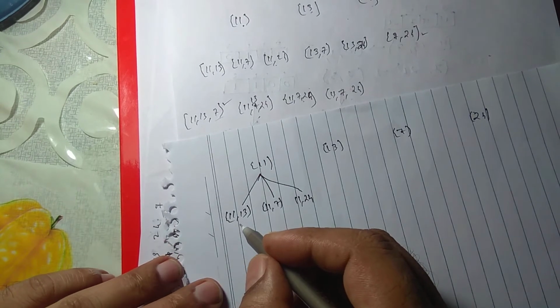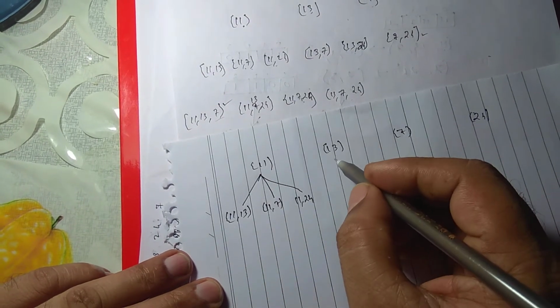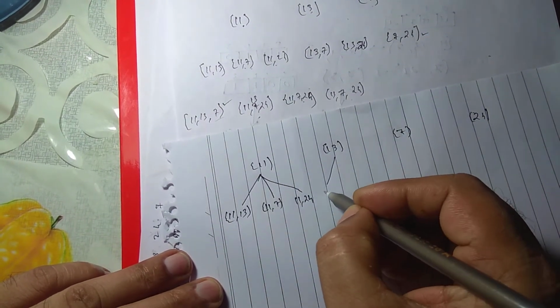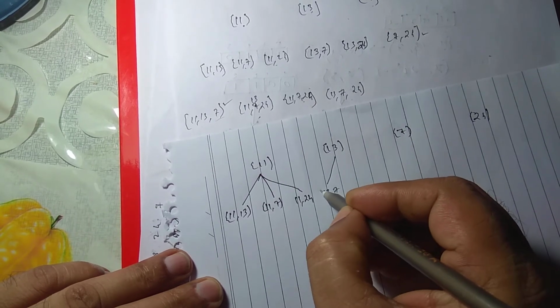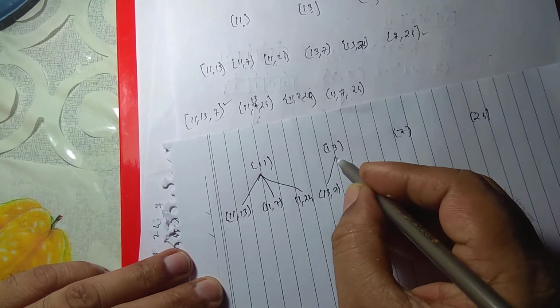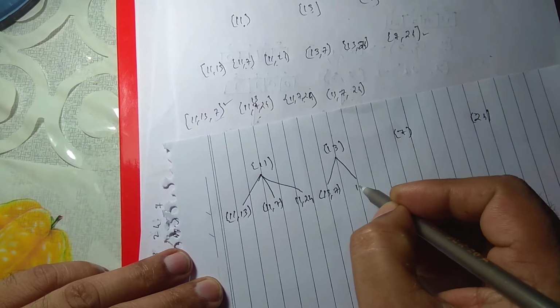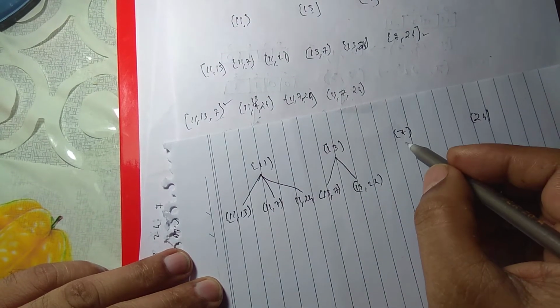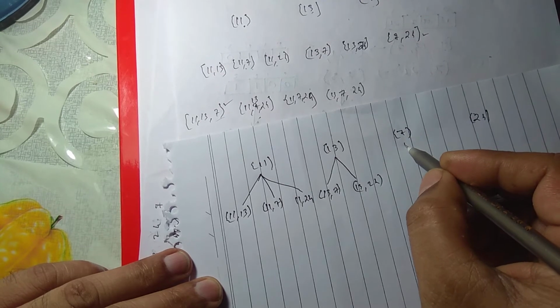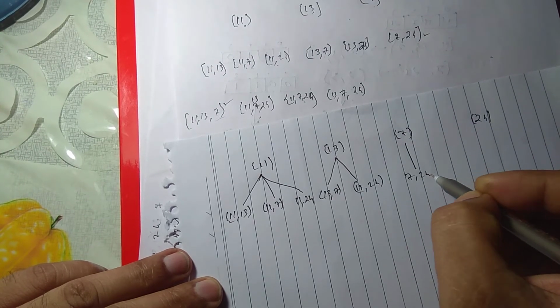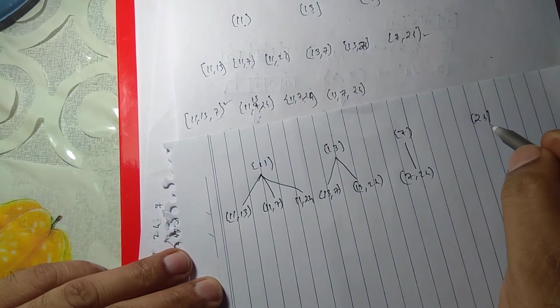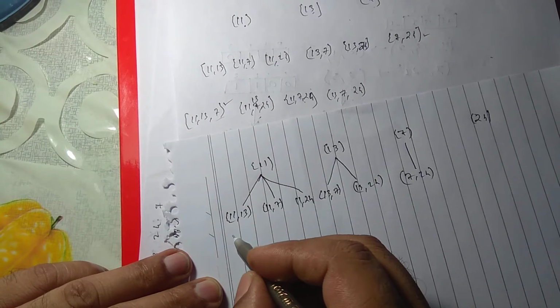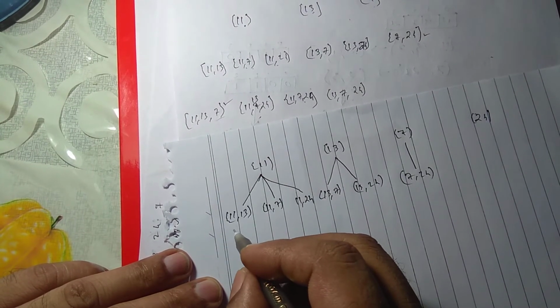Next, with 13, you are getting 13, 7, then 13, 24. With 7, you are getting 7, 24. And with 24, there is nothing. Okay. Then let us consider the 3 element subsets.